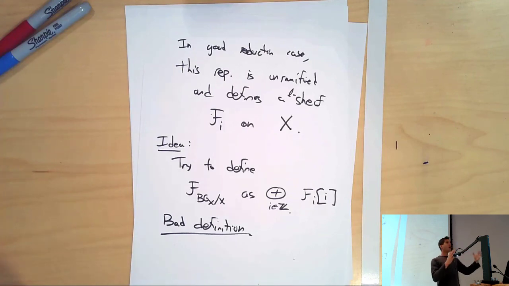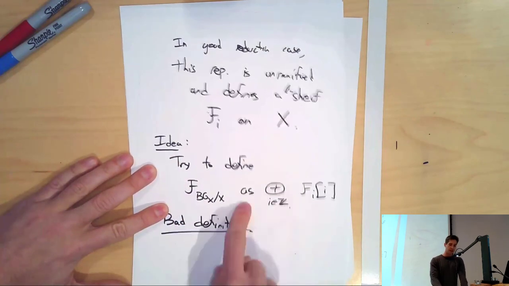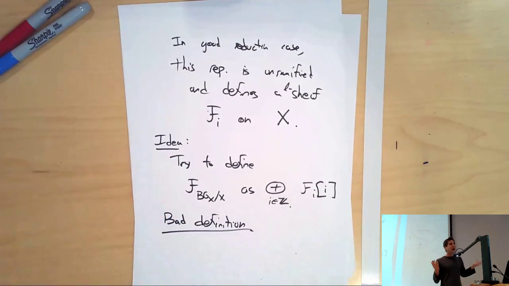Well, there's a construction, which I didn't explain in the lecture. It's something which comes out of a construction, and theorem A is a statement about that construction. So maybe I should elaborate more on this idea. If you were to make this your definition, you would produce something that has the same L function as the sheaf that I'm actually talking about.